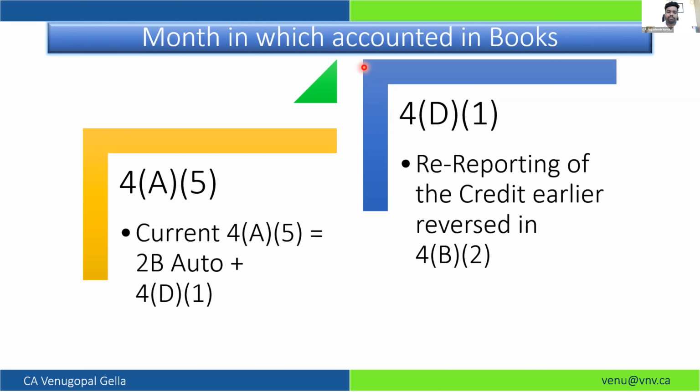In the subsequent month, I will add the figure which I reversed in the previous month to 4A5 and report that figure in 4D1, what I reversed in the previous period under 4B2. This is what we have to do in the period in which I am reclaiming the credit.